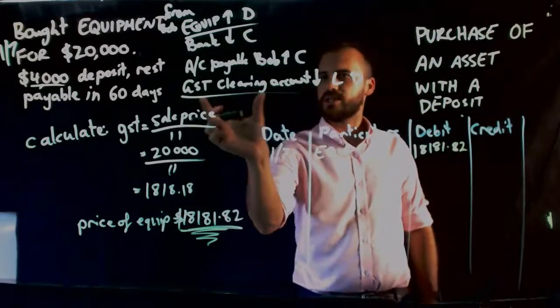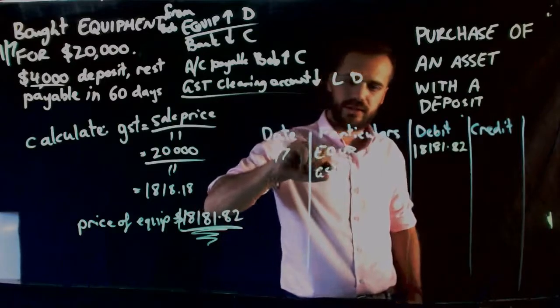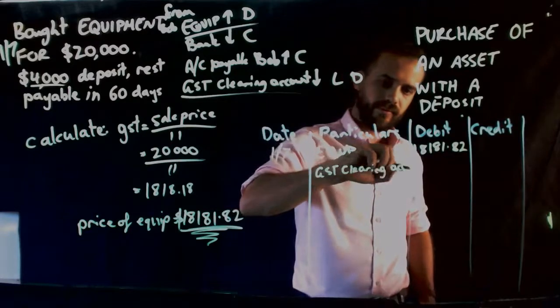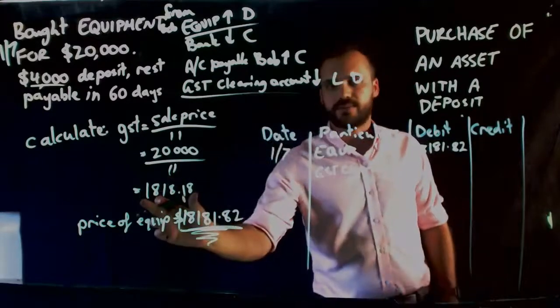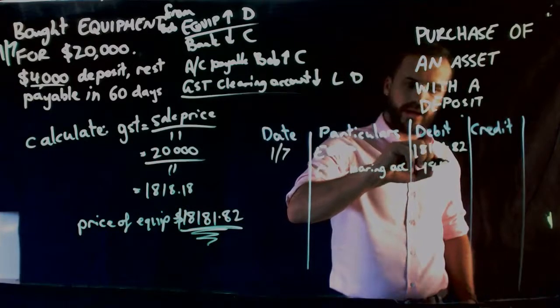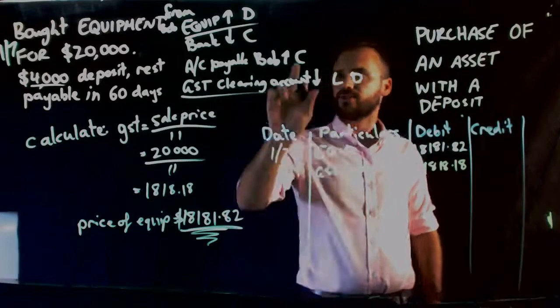What else? The GST clearing account got debited because it's a liability going down. So GST clearing account by $1,818.18, because that's the GST that we paid.